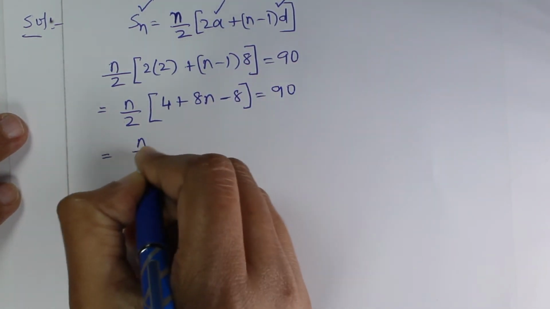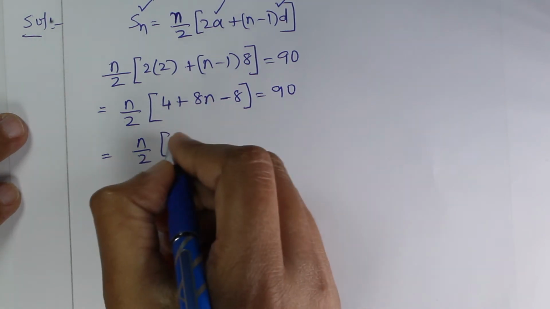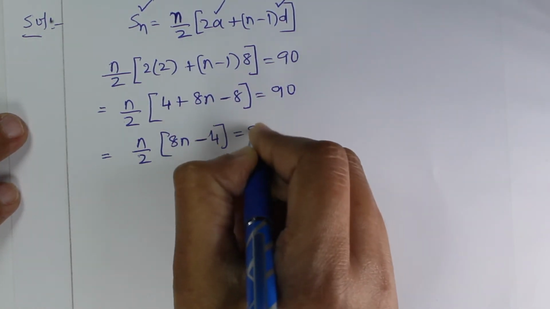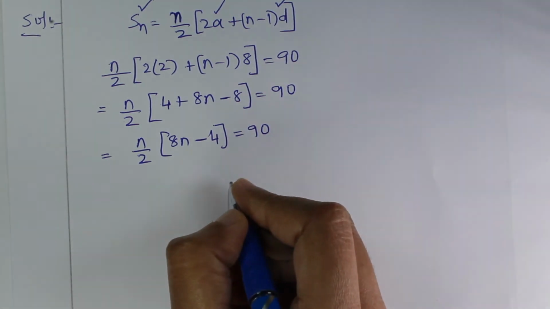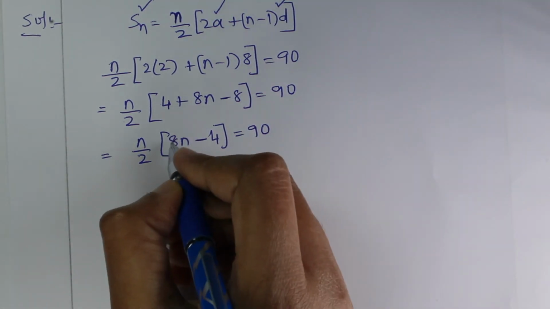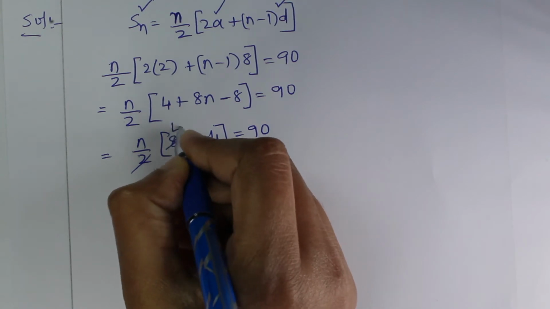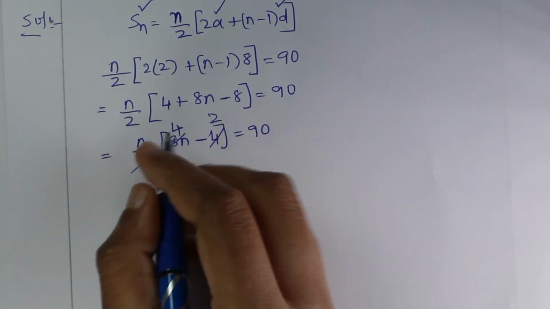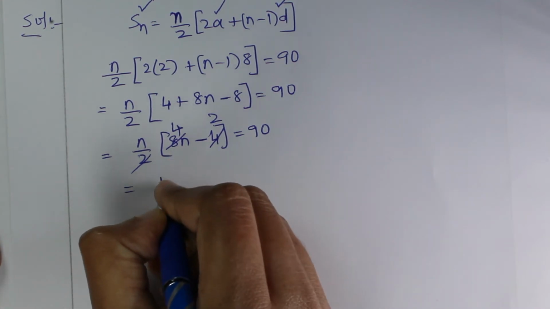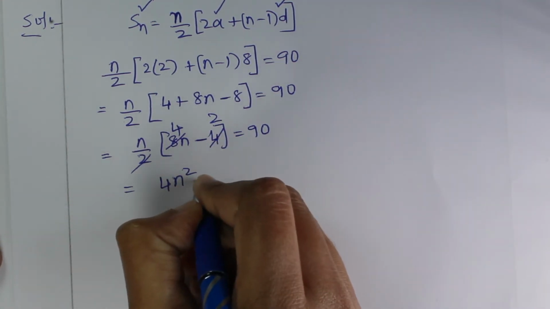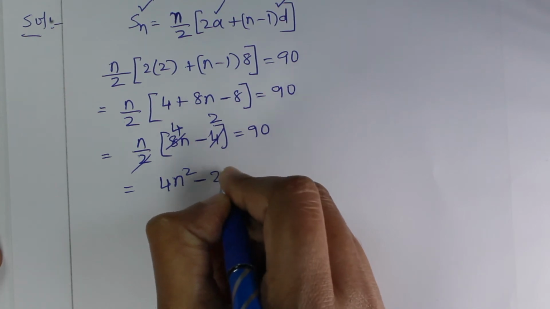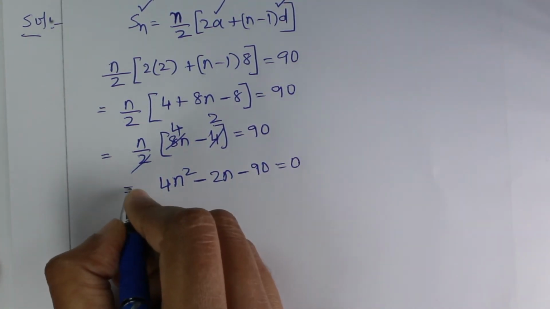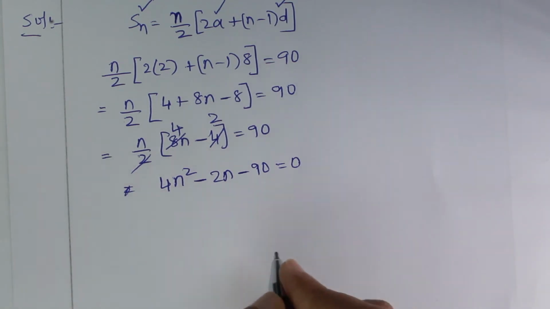That is equal to n by 2 into 8n minus 4 is equal to 90. 2 1s are 2, 4s are 8, 2 2s are 4. That is equal to 4n square minus 2n minus 90 is equal to 0. So this is the quadratic equation we got.